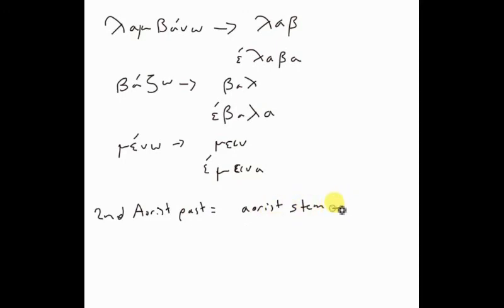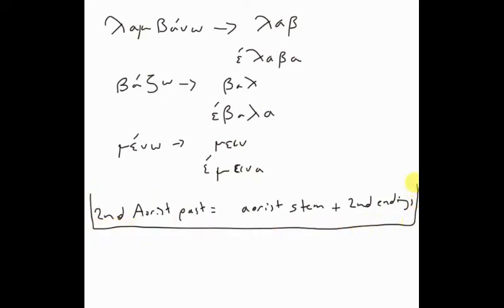You take your aorist stem and you add secondary endings. And that's it. Very easy.